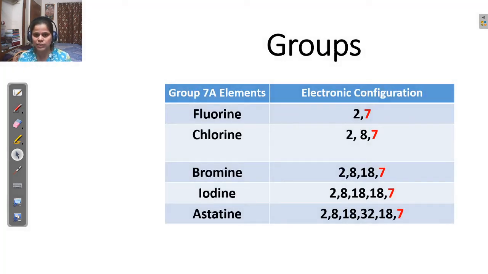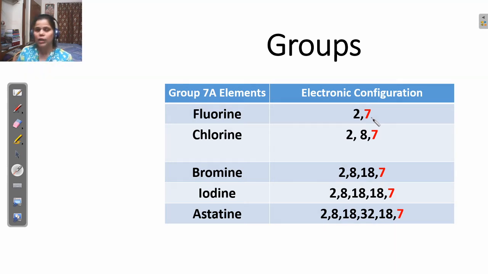But in this case, the valence electrons are 7, but the valency is not 7, because if any element has more than 4 electrons in the outermost shell, then the valency of the element must be negative. That means minus. Here the total number of electrons in a fluorine element is 7.